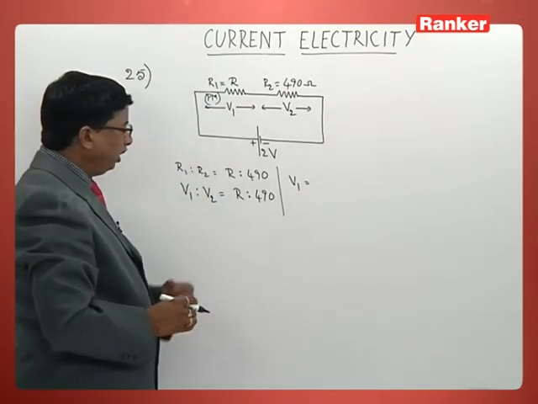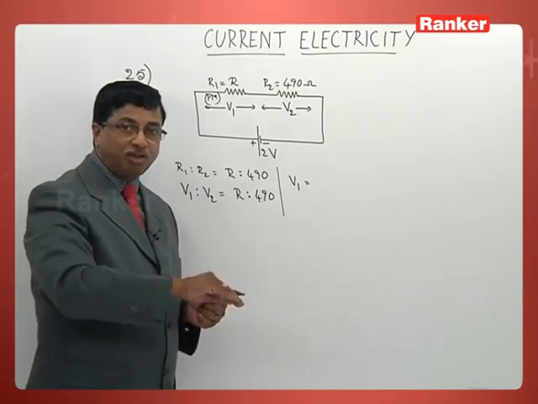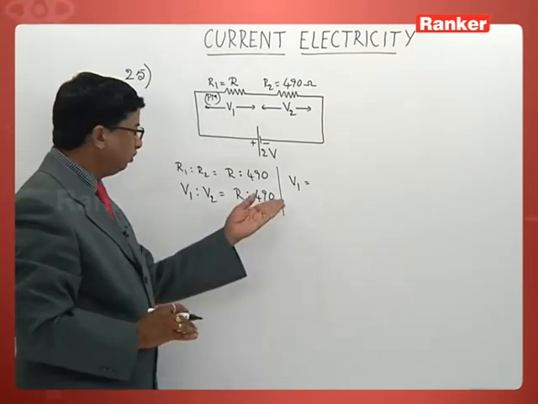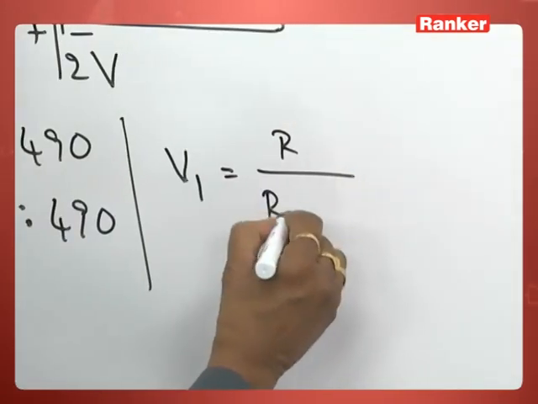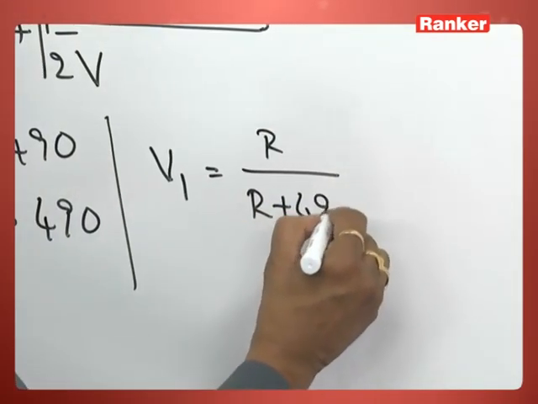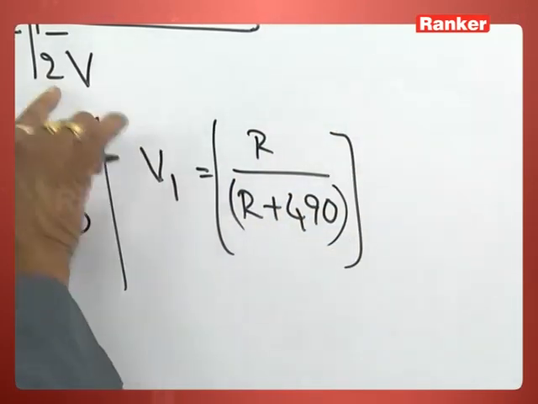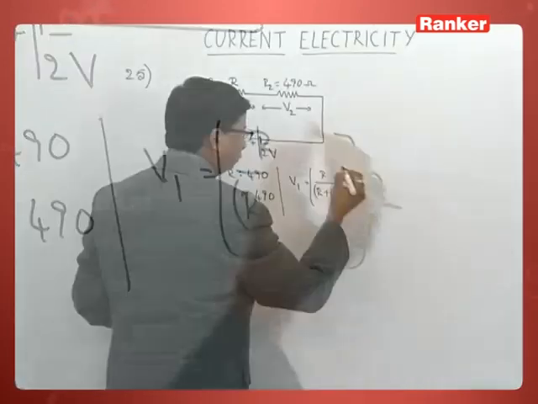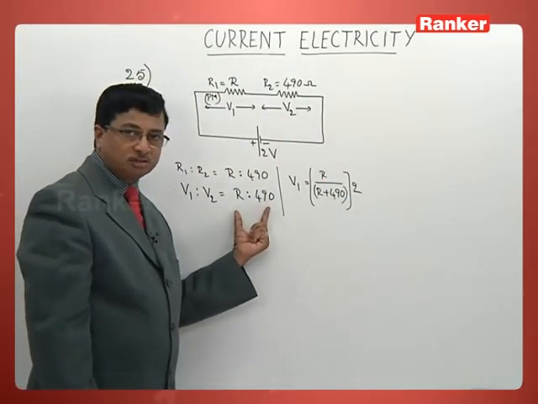R is to 490 means how many total parts? R plus 490. So V1 is R by R plus 490 into the applied voltage, that is 2. I think all of you might have followed this point.